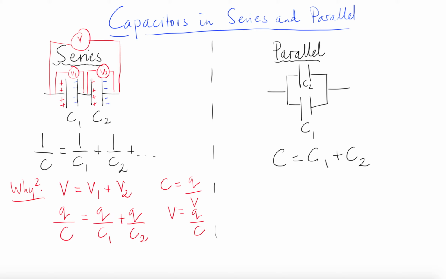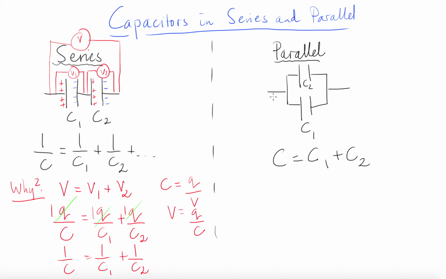So we have the same, which is the same as the total charge in the whole circuit. So that's why the charge on capacitor 1 is the same as the charge on capacitor 2. So we basically have a common factor to each of these terms, which is Q, which we can replace with a 1. So we get 1 upon the total capacitance is 1 upon C1 plus 1 upon C2.